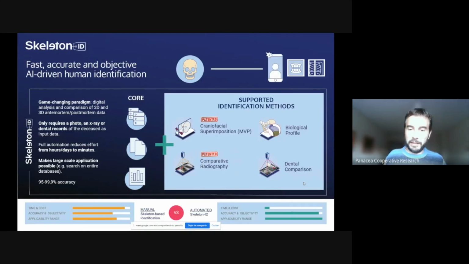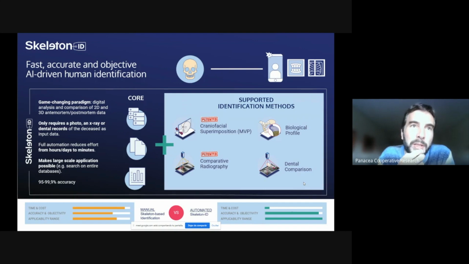This is the idea: having this software and making use of new technologies, we are aiming to somehow change the paradigm of working as an anthropologist or as an odontologist. We give a lot of importance to images, 2D and 3D images, medical or normal photographs.